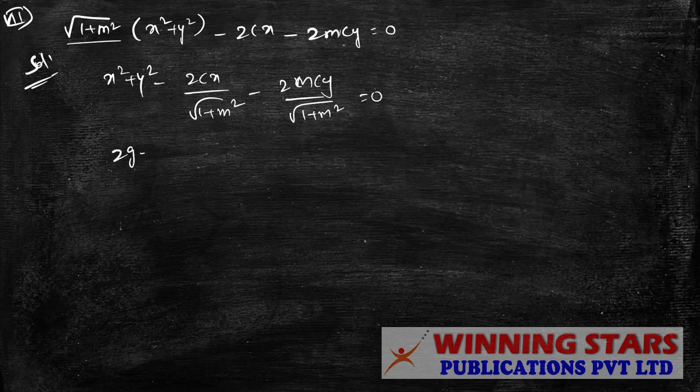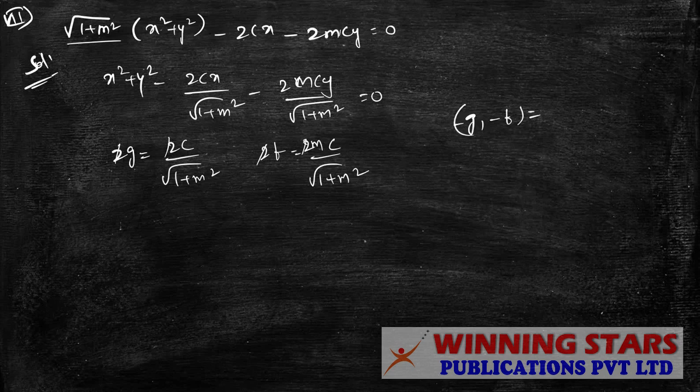So 2g is equal to how much do we get? 2g is 2c divided by under root of 1 plus m square, and 2f is equal to 2mc divided by under root of 1 plus m square. So 2 will get cancelled here, and minus g comma minus f is equal to minus c by under root of 1 plus m square comma minus mc by under root of 1 plus m square.